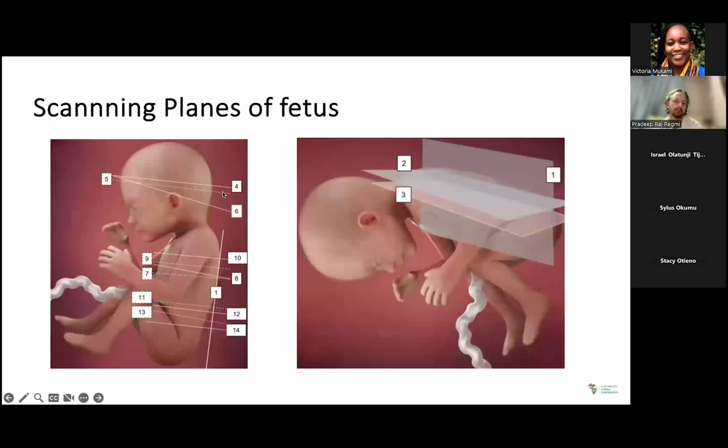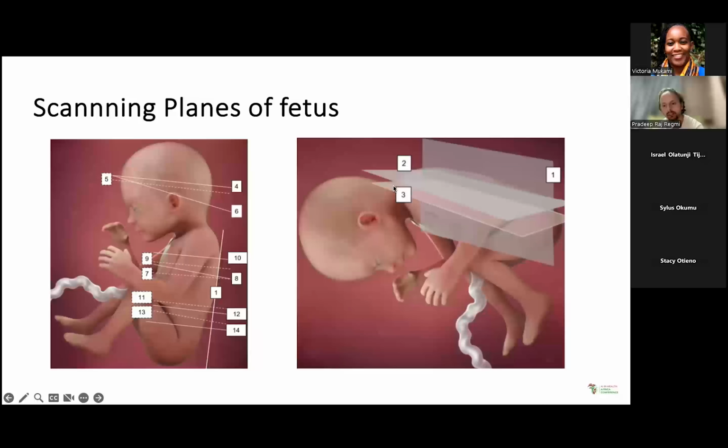We measure the cross section of the fetus this way, biparietal diameter and head circumference, and we measure the spine along its longitudinal length, and we measure the heart and chest in the axial plane, and the abdomen through the axial plane, and then comes the urinary bladder as well.